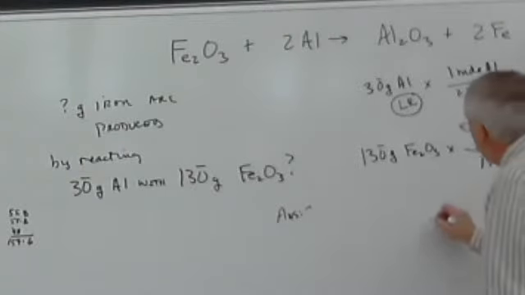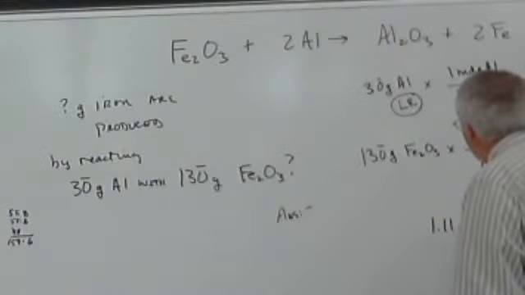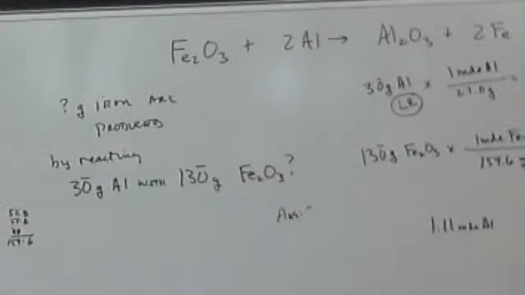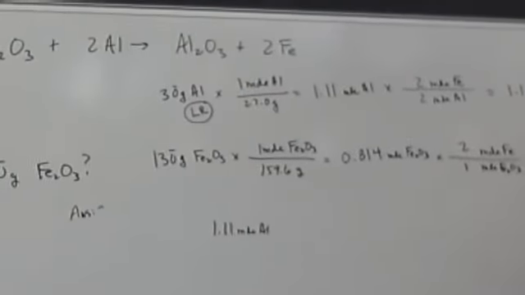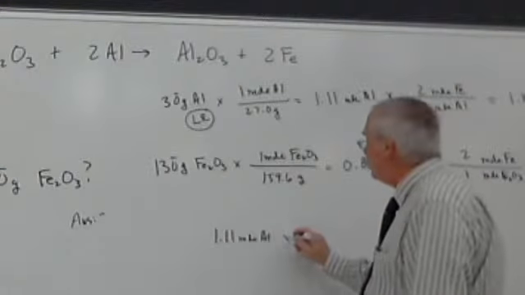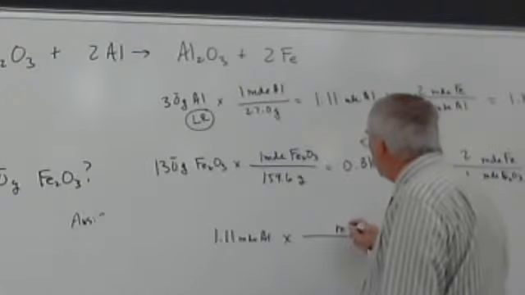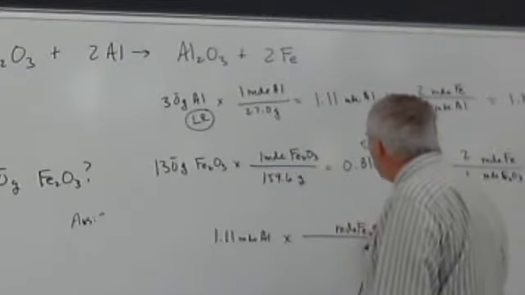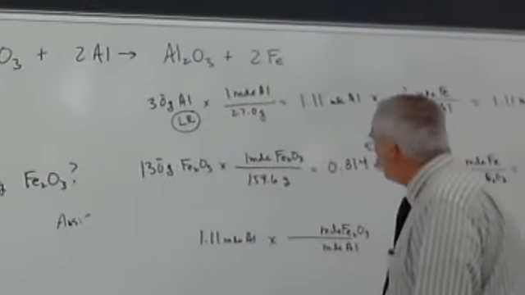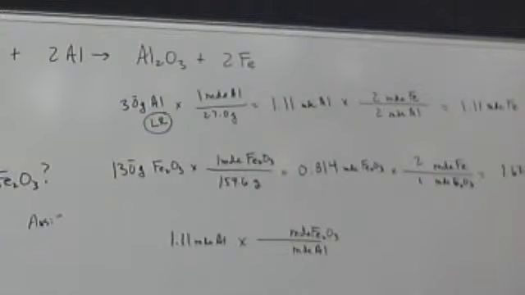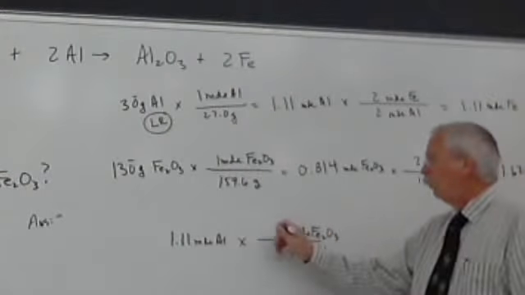So if I had 1.11 moles of aluminum that I actually consumed, because it's a limiting reagent, the question is, how much iron oxide did I use? Well, I'm looking for the iron 3 oxide. I know aluminum. What's the ratio between those? 1 to 2.